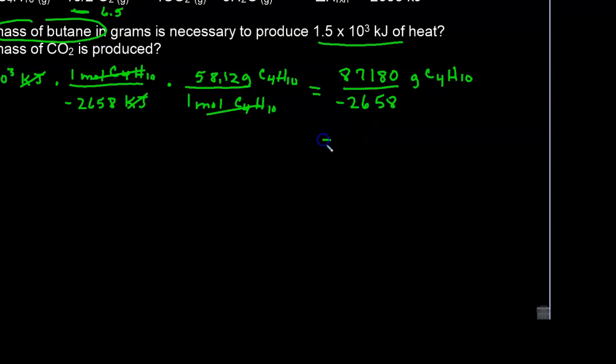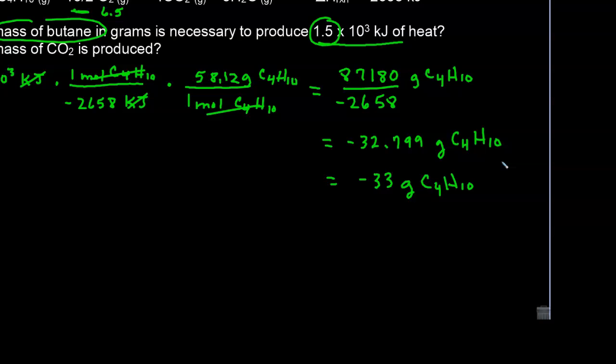And then dividing it out, I got a negative 32.799 grams of butane. And then our significant digits, it looks like we're only going to have 2 in this problem. So that's going to make this a negative 33 grams. And then we're done.